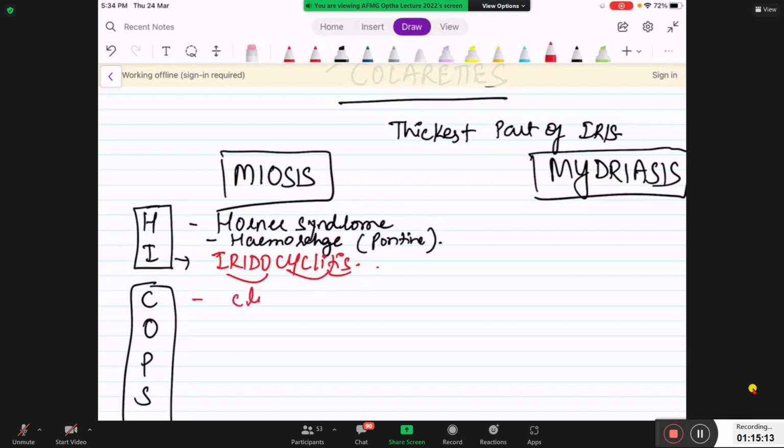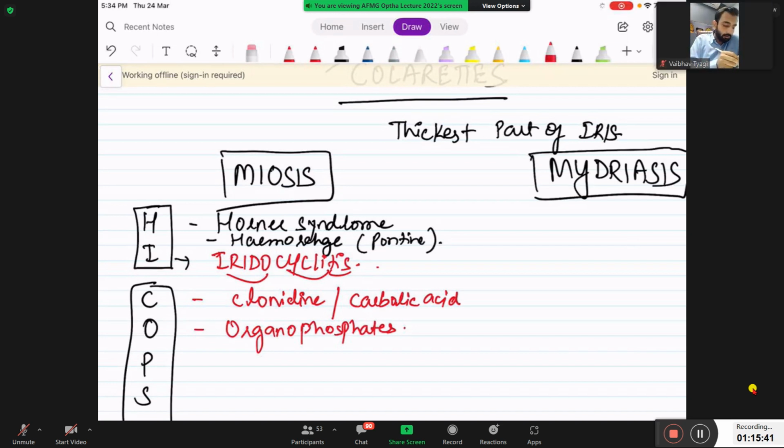Now, C stands for clonidine, carbolic acid. O stands for organophosphates, and another O stands for opioids.